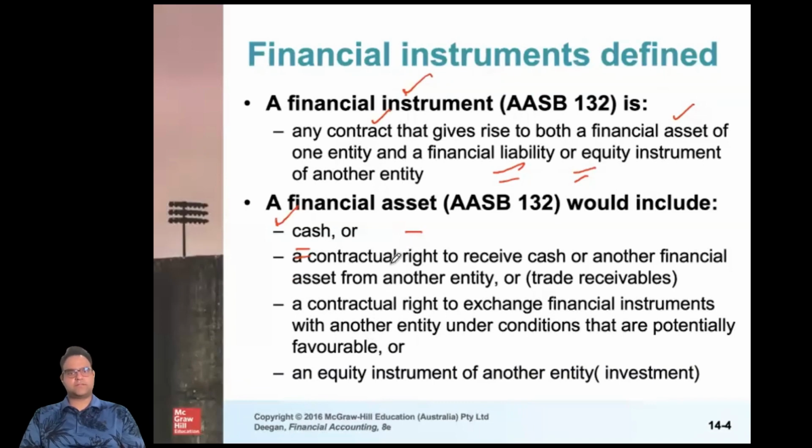Then a little bit more advanced is a trade receivable or a right to receive cash, any potential favorable contract which will in future give you a benefit, and you can get some money from party B, or some liability from party B, or have a right in the equity of party B. That all comes under the financial instrument definition. So all these types fall under financial assets.